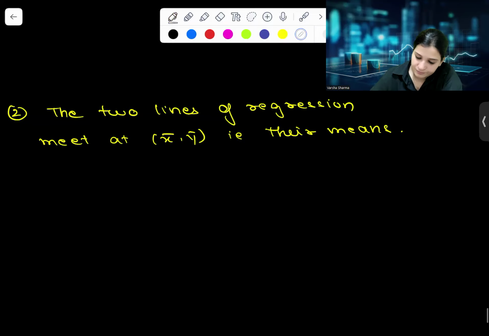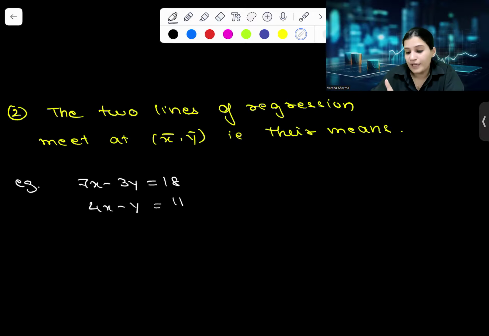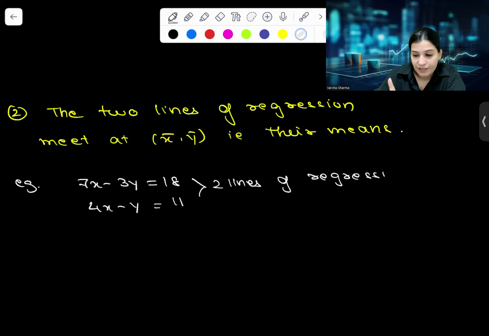For example, if you give me 7x minus 3y equals 18 and 4x minus y equals 11. These are two lines of regression. So what we can do is solve them. The values of x and y that we get will be the means. So how can we solve that? The first equation remains as it is.